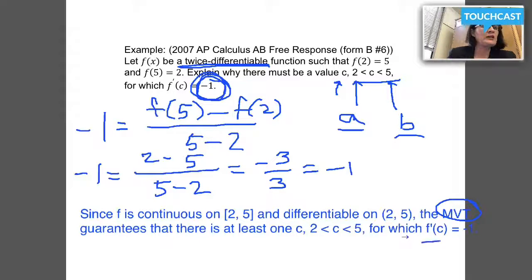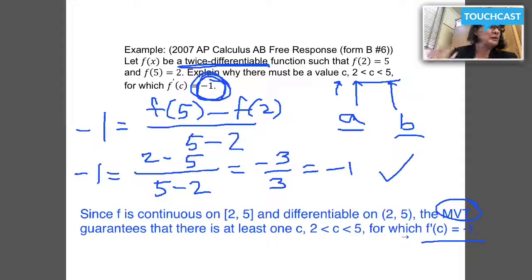Also, this part here, f prime of c equals -1, you would not have had the mathematical right to make that statement if you hadn't already shown me this work up here, that you found f of 5 minus f of 2 divided by 5 minus 2, and done that work to show that it was already equal to -1.